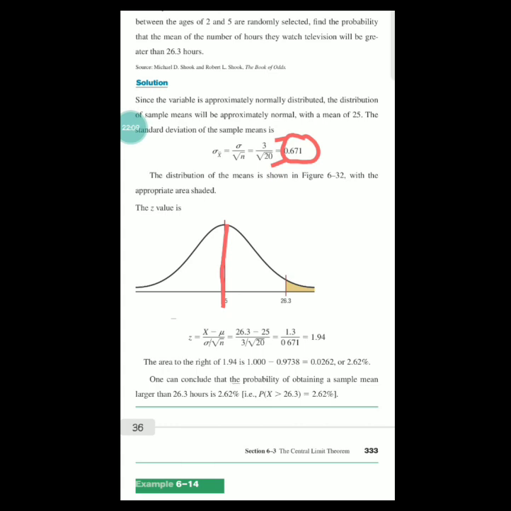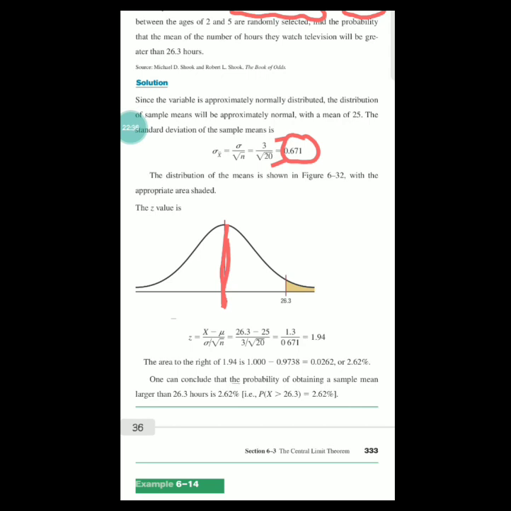So, 26.3 minus 25, which is our mean, divided by 3, which is our standard deviation, divided by the square root of 20, which is our sample size, the 20 children.